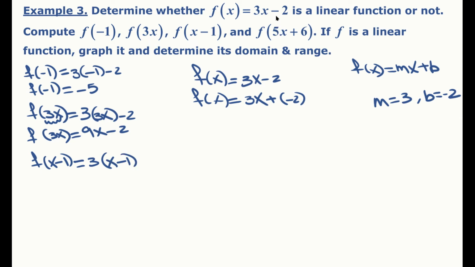And don't forget there is a minus 2 here, so we put minus 2 as well. All right, so now we're going to simplify that. So we get 3x minus 3 minus 2. So that is 3x minus 5. So that is f of x minus 1.